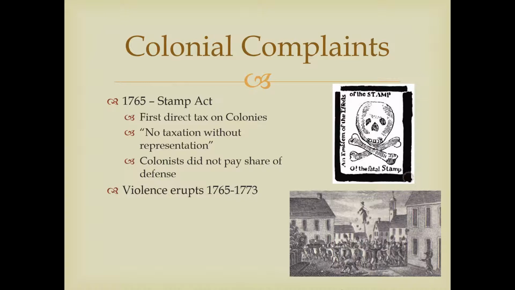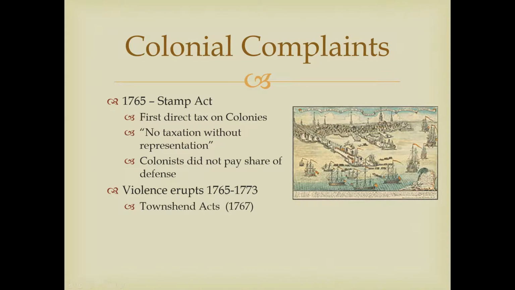We represent you, and this doesn't really go over well, and doesn't go over well afterwards when Parliament passes the Townshend Acts. These Townshend Acts are going to pass more taxes to raise revenue and create better regulation of the markets, and punish some colonies that have rebelled against the government and haven't been paying their due taxes.